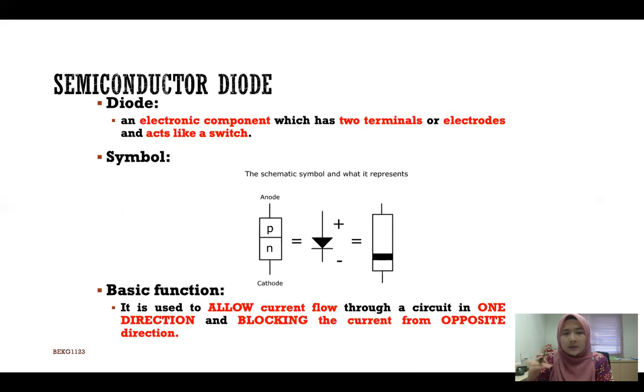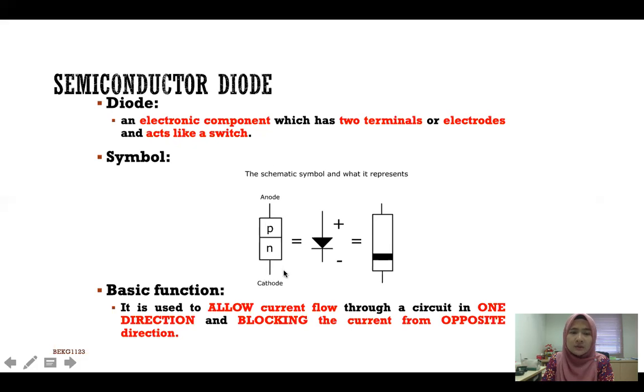Next is the diode symbol. These are the schematic symbols of a diode. You can see that this diode is actually a combination of the N material and the P-type material. When you combine both, you get a diode. The N-type material side is the cathode, and this one is the anode.